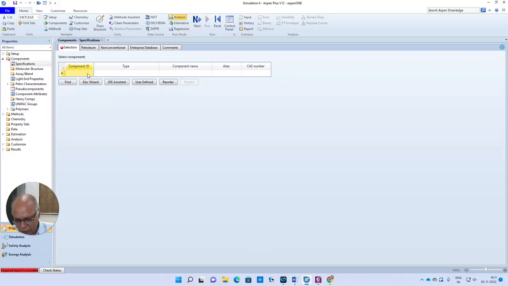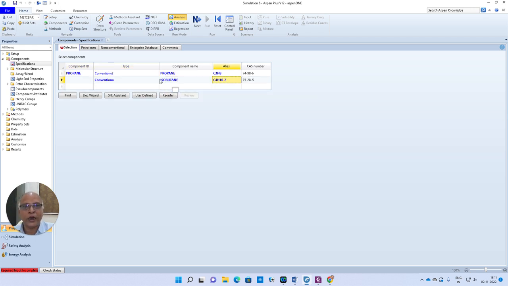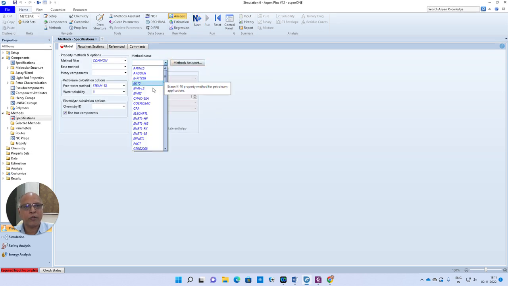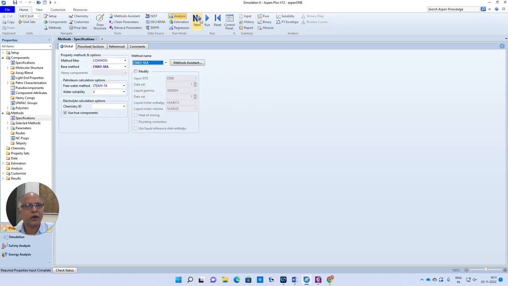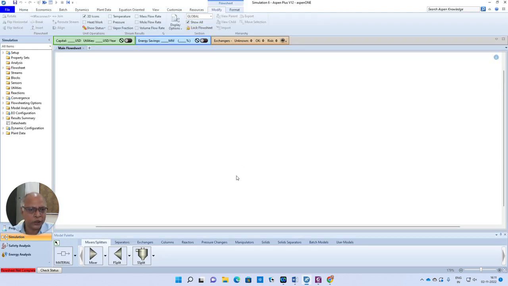So the two components that we are dealing with are propane and isobutane. So define the components. Let me call this IB. Go to the next step. Select a property model, maybe Chao-Seader. Go to the next step, simulation environment, create your flowsheet.